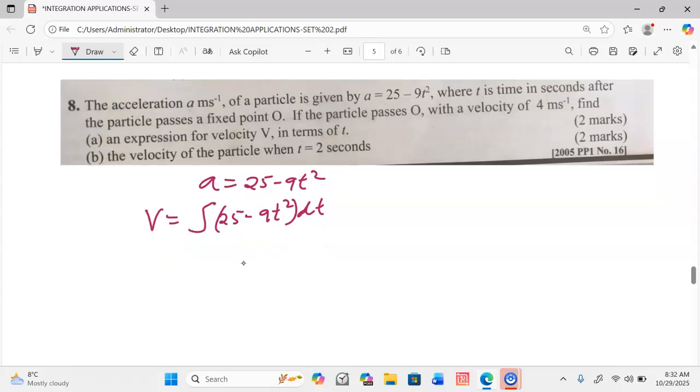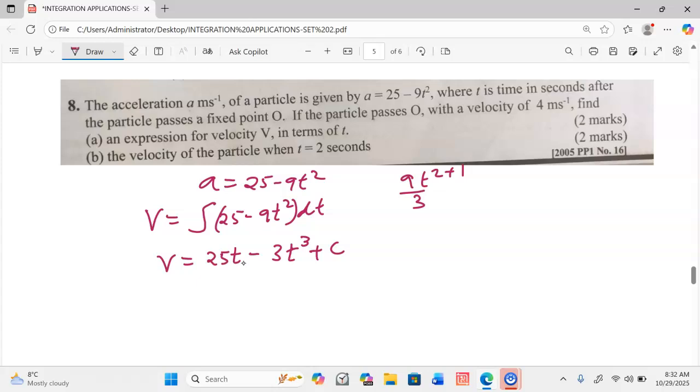To integrate, we are going to take 25 and introduce t, then minus, we are going to take 9t squared, we add 1 to the power divided by 3, and this one is going to give us 3t cubed. Then we add c, which is a constant of integration.